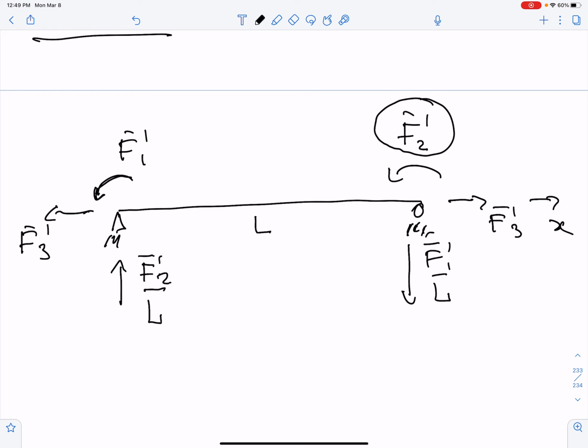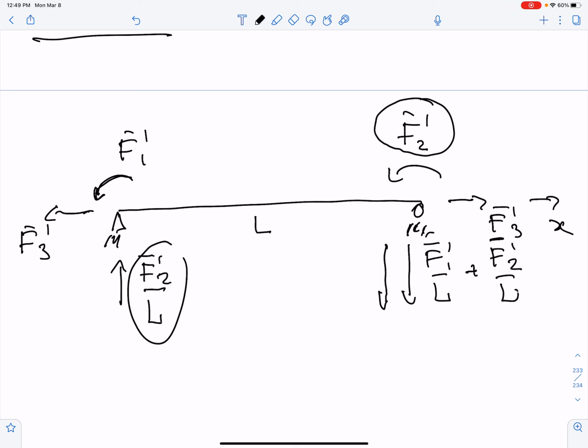But in the vertical case, it's not, because there is this force F̄'2 acting on the element at the leftmost node, and there's no opposing force. So in order to achieve equilibrium, there has to be another opposing force here, F̄'2 over L, that will counteract this force here.